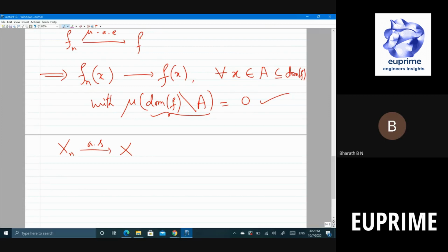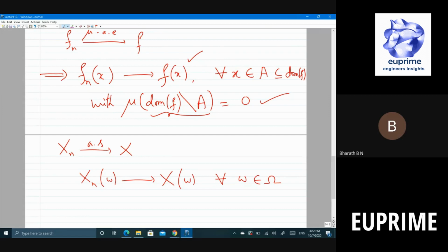So what do you mean by this? This essentially means that Xn of omega converges to X of omega. Just look at the parallel between these two, for every omega in Omega. Omega is your domain, so Xn is a mapping from Omega to R. So Omega is your domain of Xn or X for that matter.